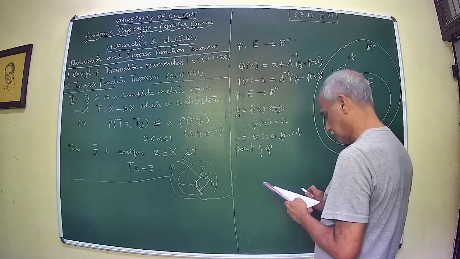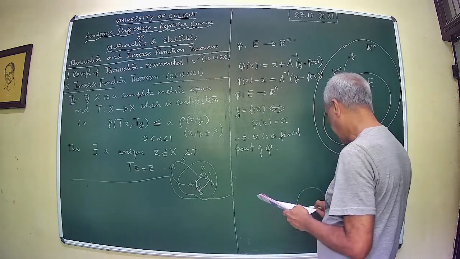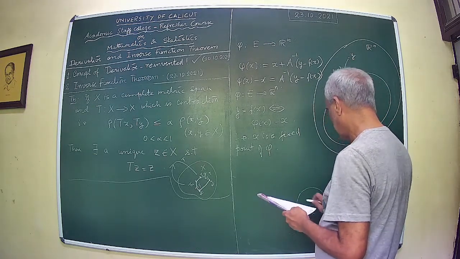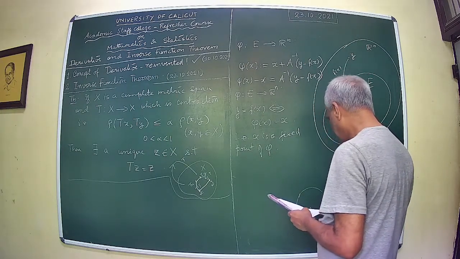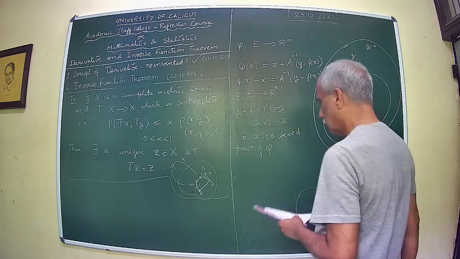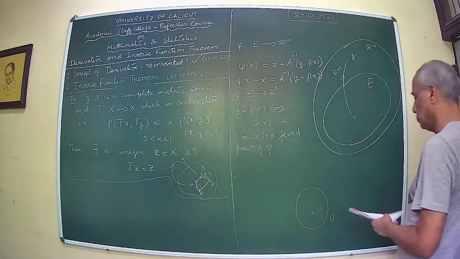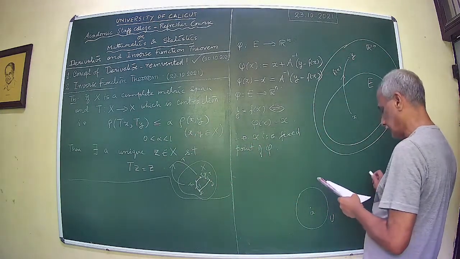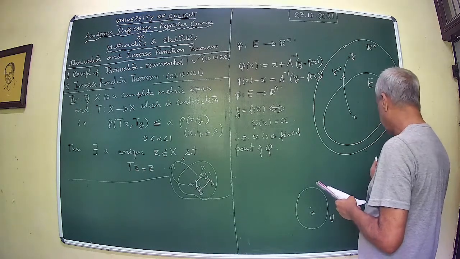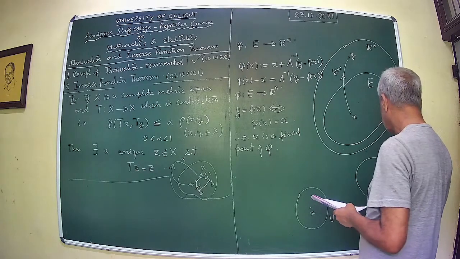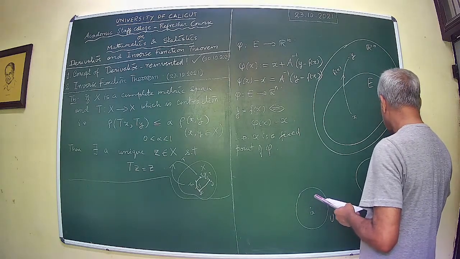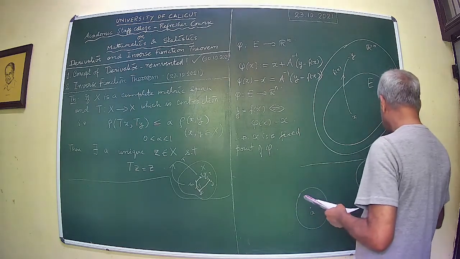You have a, and then you have U as the neighborhood of that. As you have defined U, you can fix. Then you take V as f of U, you are inside Rn.